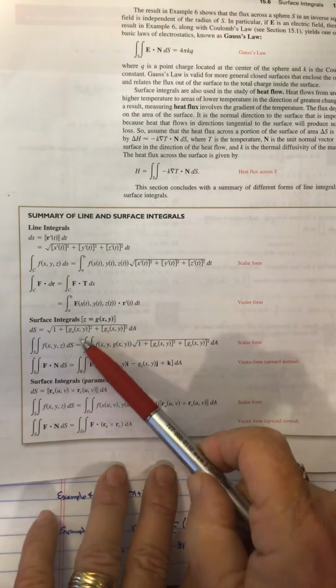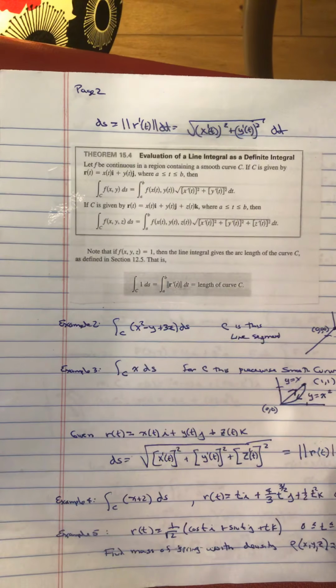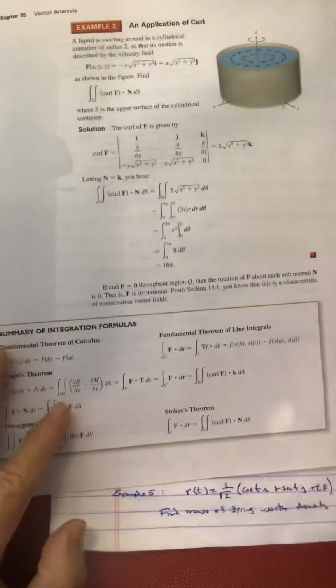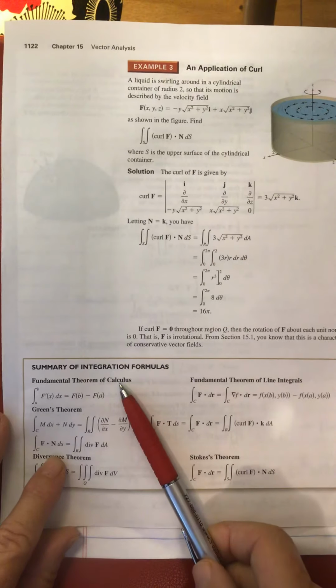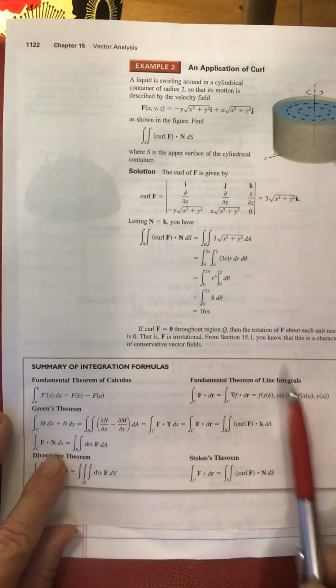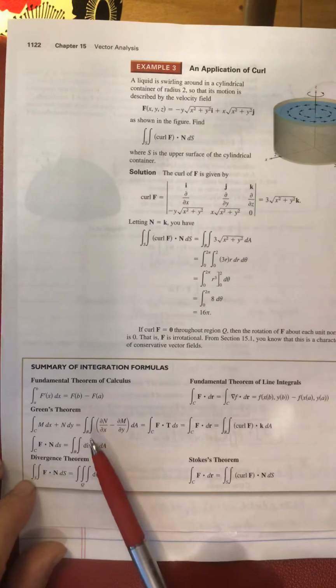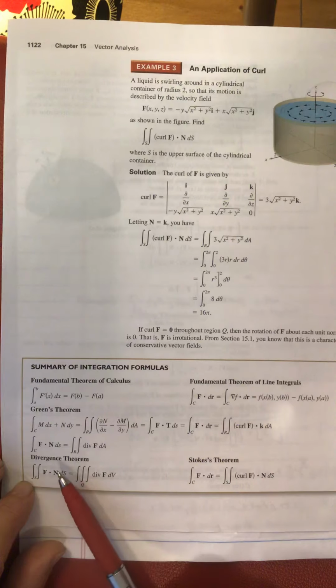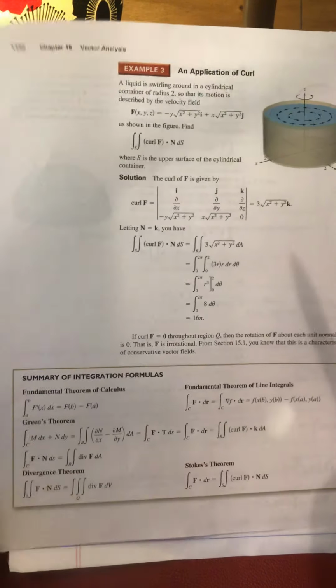We'll talk about those later in the class. The second chart, found towards the back of the book, covers the fundamental theorem of calculus, and then the fundamental theorem of line integrals, which we'll talk about a little bit later, Green's theorem, the divergence theorem, and Stokes' theorem.